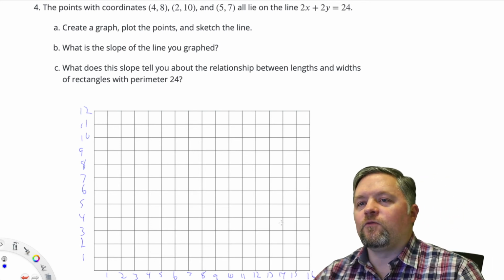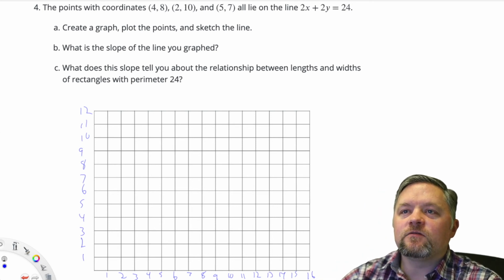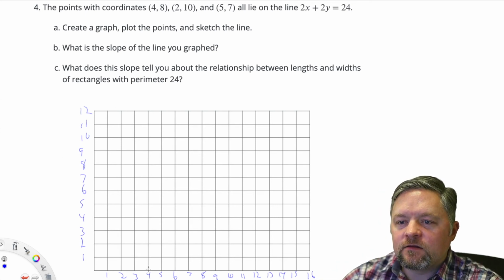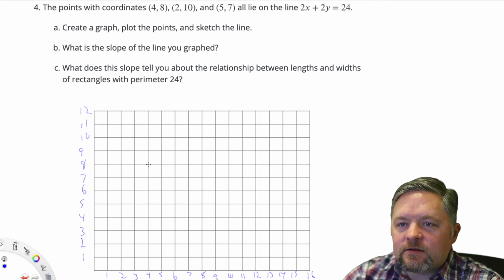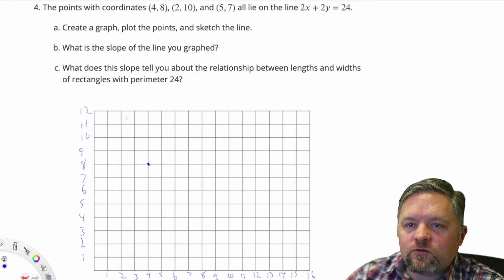You all love watching me fill in the scale, I'm sure. Now, coordinates (4, 8). That's one of the points on our line. (2, 10).